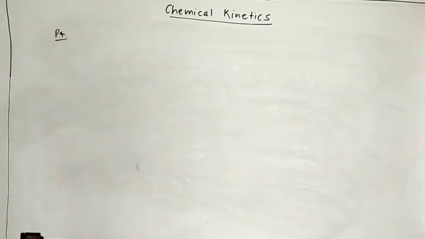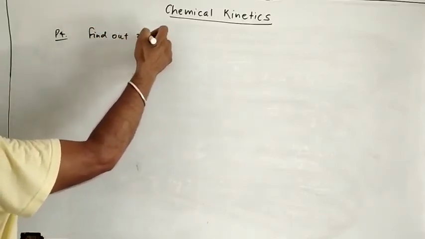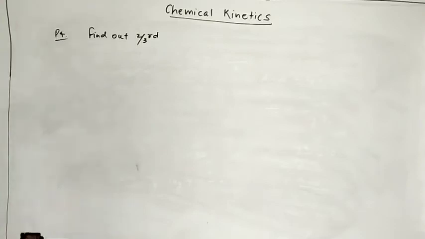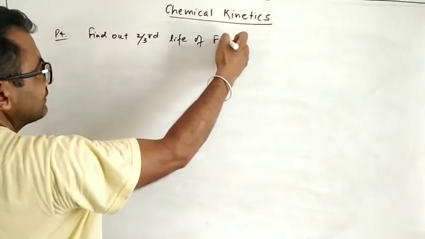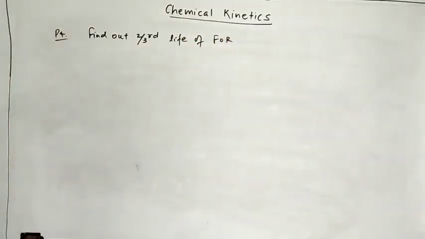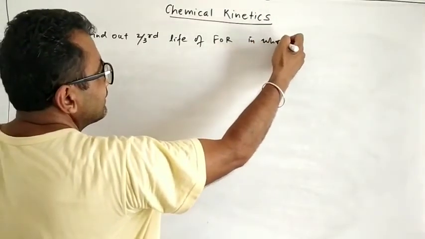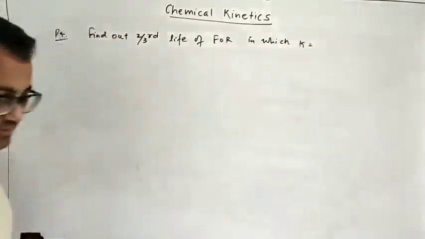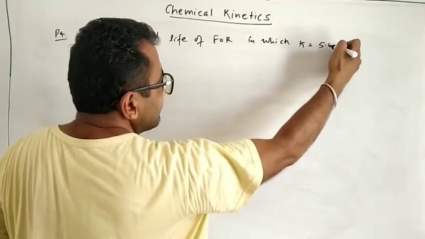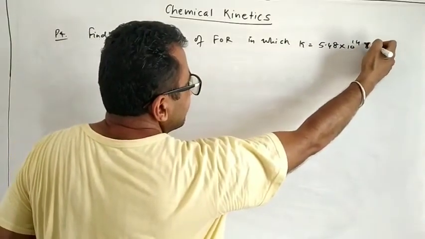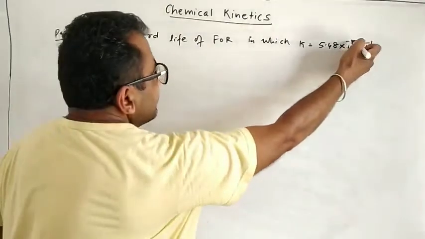Find the 2/3 life of a first order reaction, in which the rate constant is given as 5.48 times 10 to the power minus 14 per second.